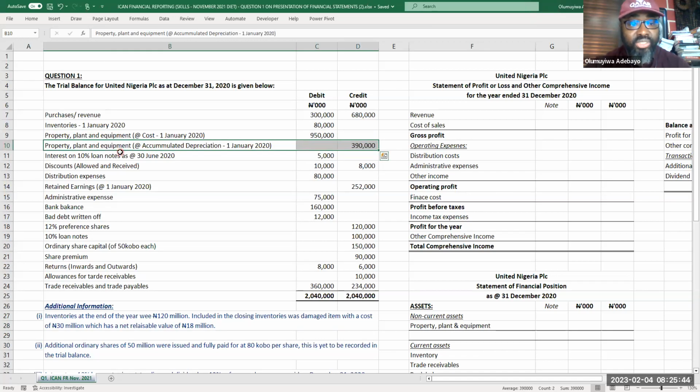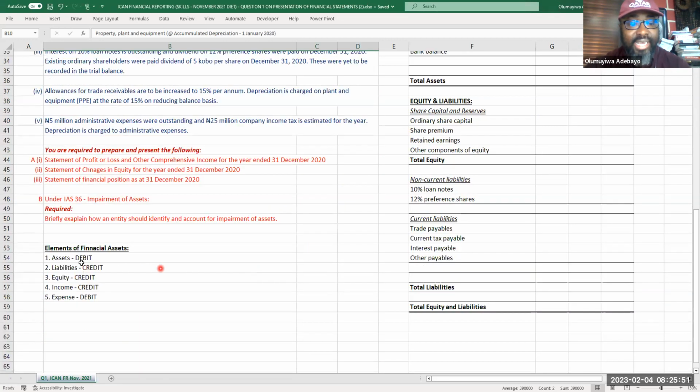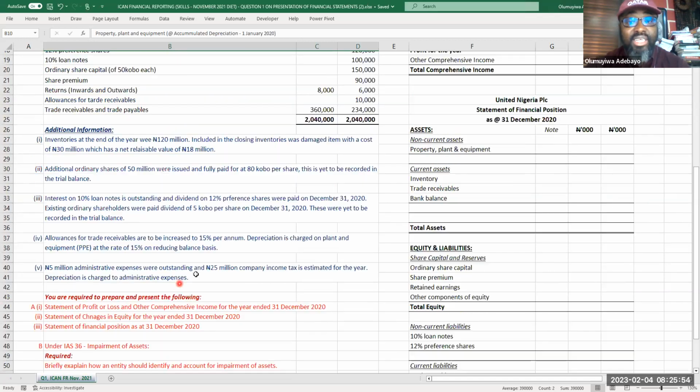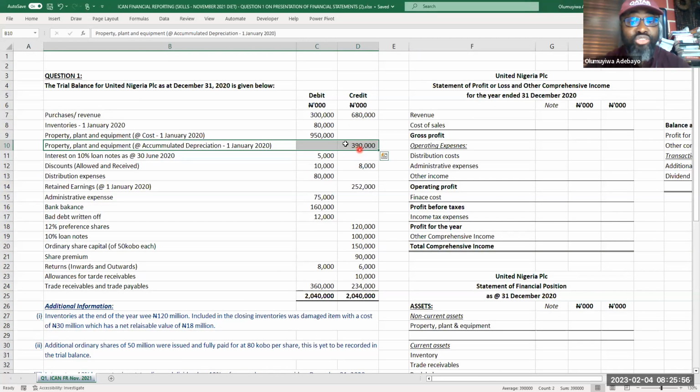Now, what this presupposes is that this is also a component of assets, but it's on the credit side, whereas we said asset is on the debit side. Why? Because this component of asset is to force the assets to a reduction. Remember in class I told you about what we call asset reserve. These are allowance accounts or any form of account that is a charge on an asset to reduce the cost or value of such an asset to its carrying amount.